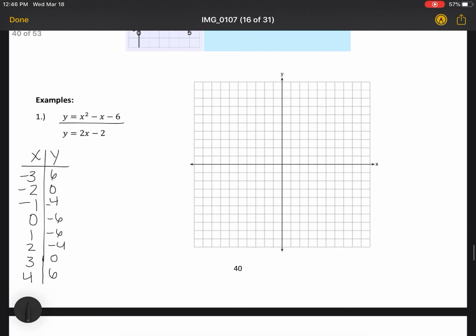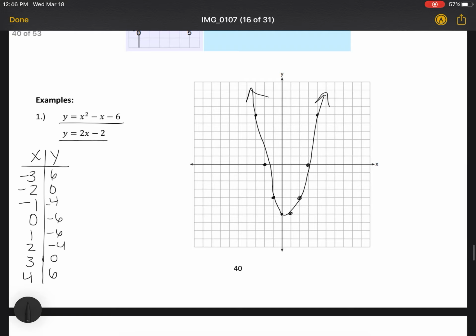Okay, so I'm going to plot those. If you need to pause the video, as always, feel free. Hopefully your graph looks a little better than mine.